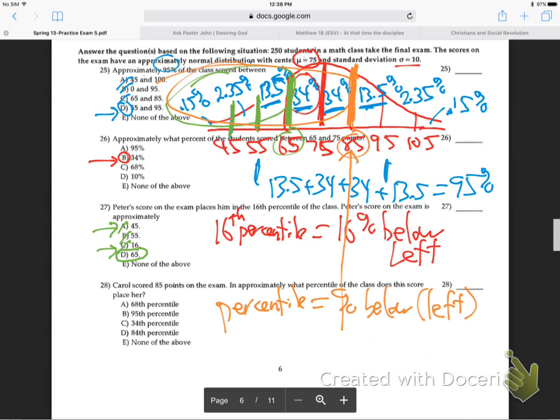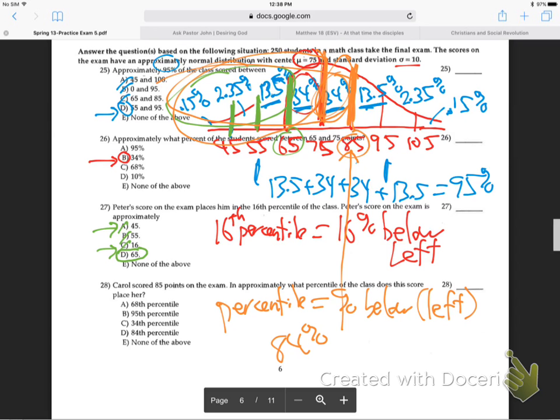Now, the easy way to add them all up, from the middle to the left, is half the curve. Must be 50%. Plus 34, 84%. Does that make sense? Half the curve is 50. So she has this section, 34, and then half the curve. You can just add them all up by hand if you want, but that's the quick way.